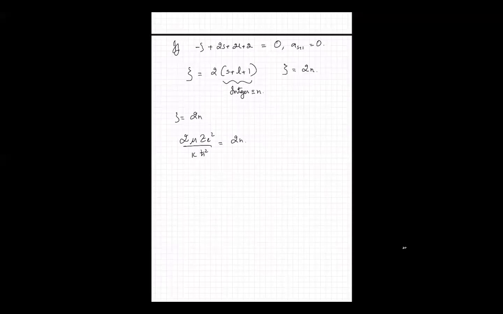Okay, so this is my c. And this tells me that mu Z e squared over kappa h-bar squared is an integer. Remember that the right-hand side is a dimensionless quantity. It is an integer.